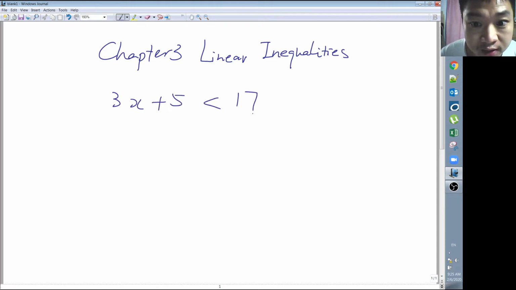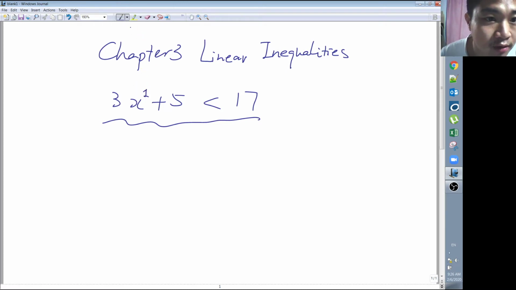For this question, you can see that the highest power of this inequality is 1. Can you see that?